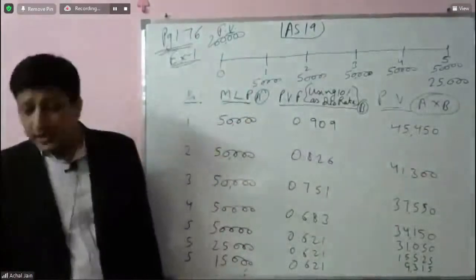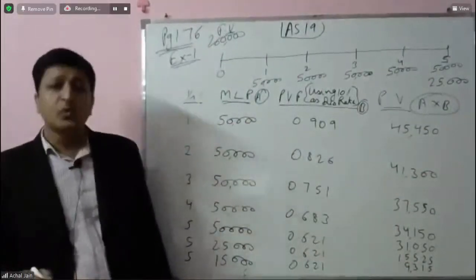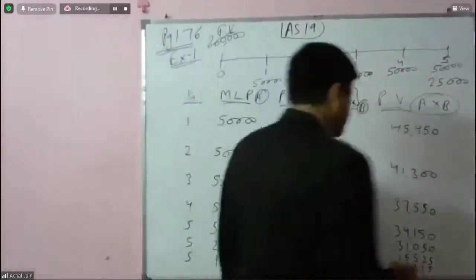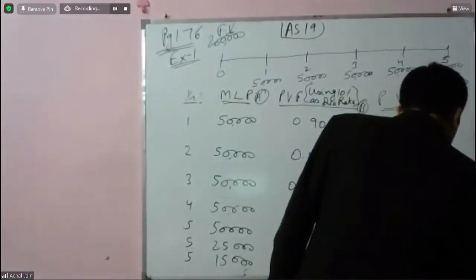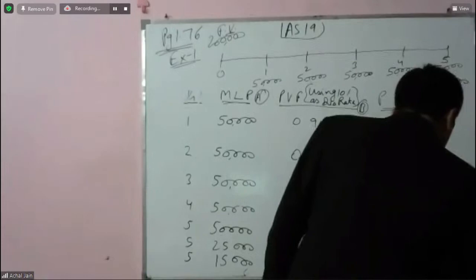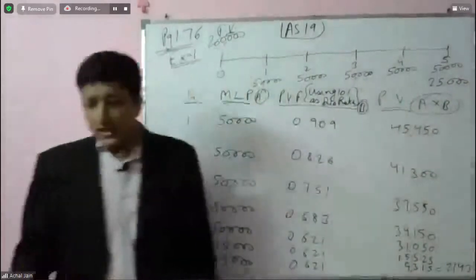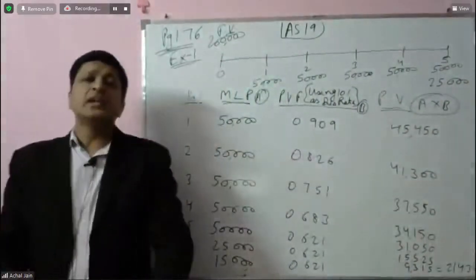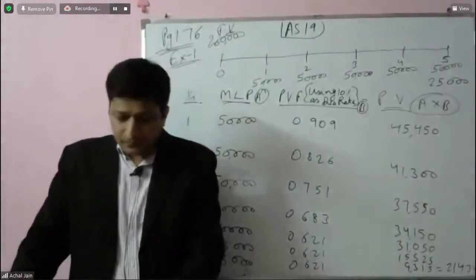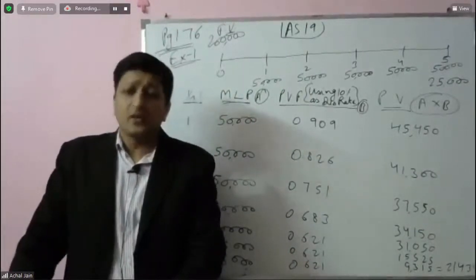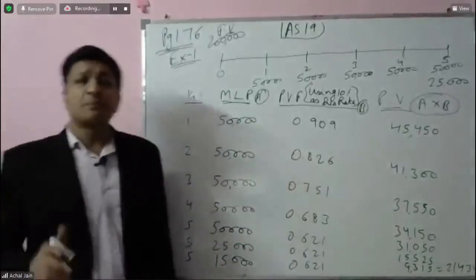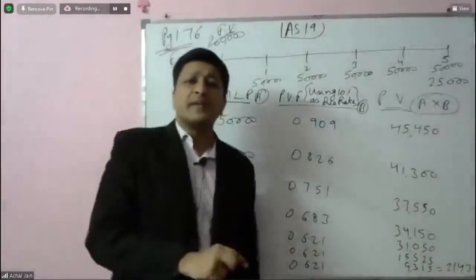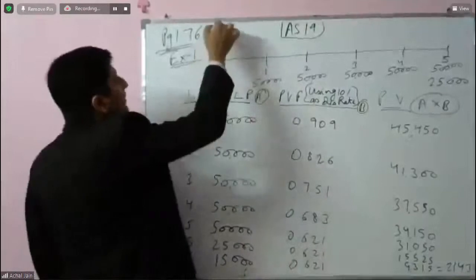So all in all, what is the value we are getting? 2,14,340. Okay, so this is the value we are getting. Now, ideally, my present value should have been equivalent to the fair value.